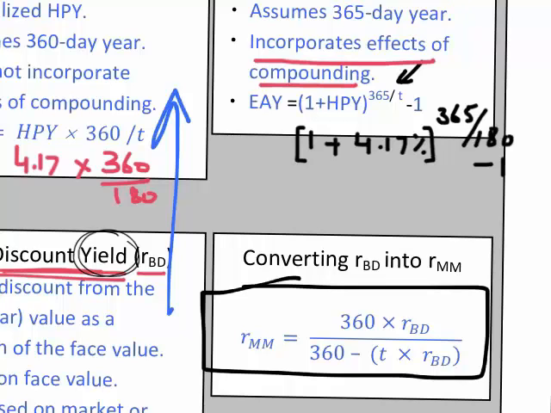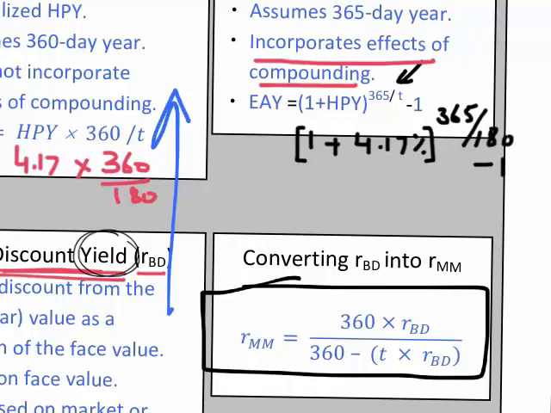Because you'll be working as assistant to the assistant portfolio manager. After passing level 1, your job profile will be that you will be assisting the assistant portfolio manager. So you won't be involved in a lot of the theoretical discussion. Your role will be, someone will say, go and calculate RMM, go and calculate RBD, go and calculate EAY. No one will talk to you why you are doing that. But once you reach level 2, that is where you are going to learn in more detail, because then you are getting prepared to be assistant portfolio manager.